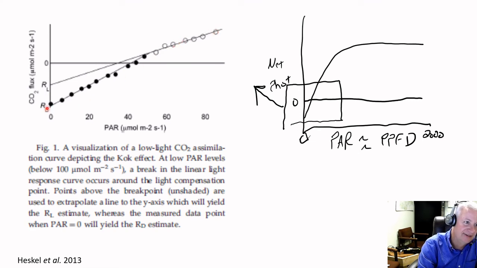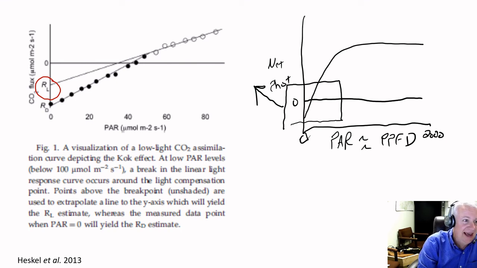And so this right here is the dark respiration that we've measured. That's the respiration rate, the activity of mitochondria in the dark. But the reality is, in the light, if you extrapolate this shallower slope back to 0, you get this number, RL, which is an estimate of the activity of the mitochondria in the light.